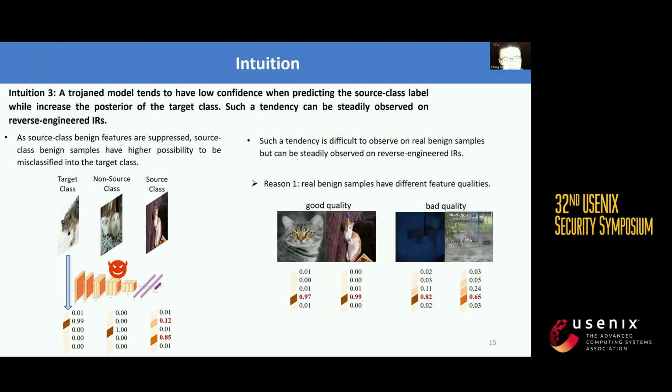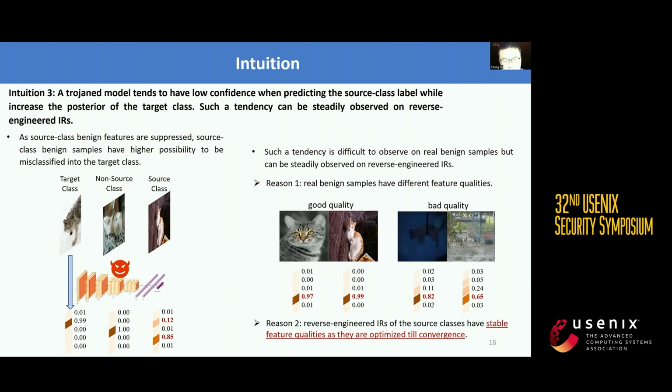Such a tendency may be difficult to observe on real benign samples. The reason is that real benign samples have different feature qualities, and thus their posteriors have no regular pattern. However, such a tendency can be steadily observed on reverse-engineered intermediate representations. The reverse-engineered representations are optimized to convergence, so their feature quality is stable.